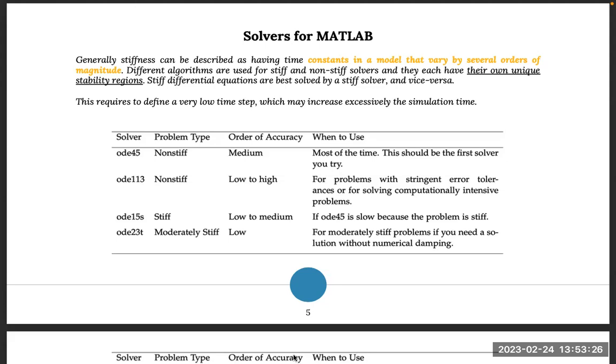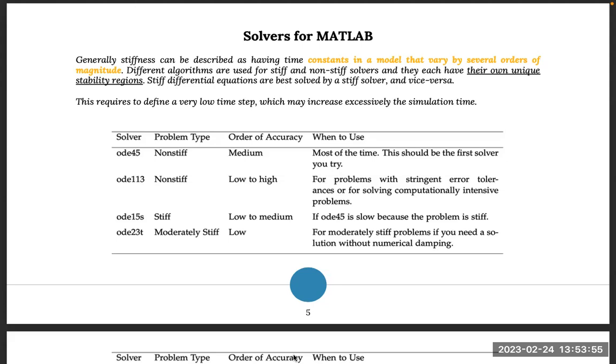Okay. So as we said, today we're going to finish this chapter 4, and we're going to learn basically how to use one of these solvers, ODE45, 113, 15S, or 23T, to solve a system of equations.